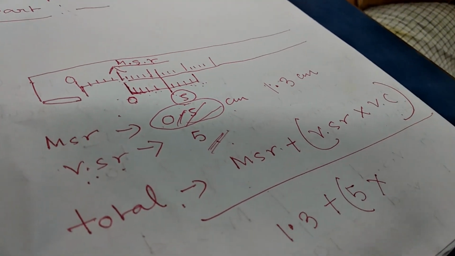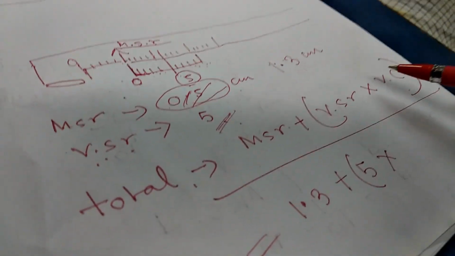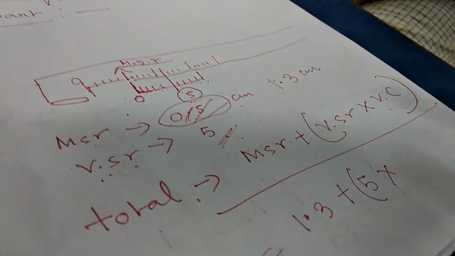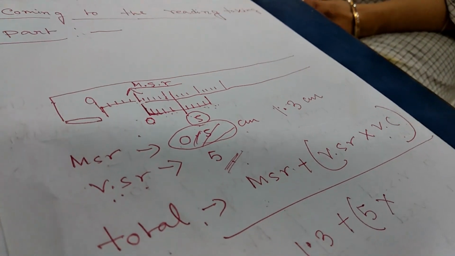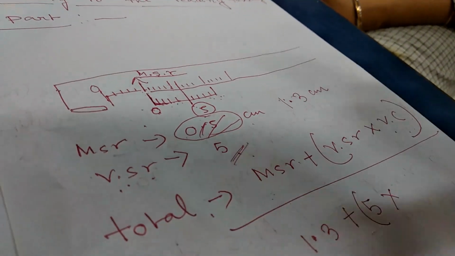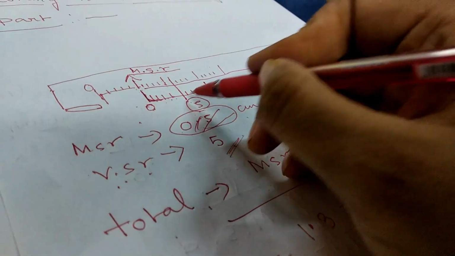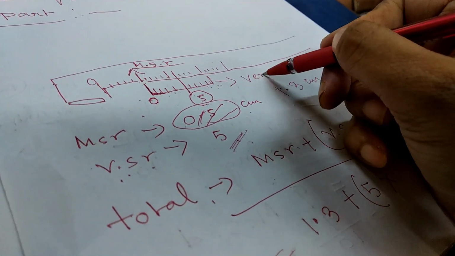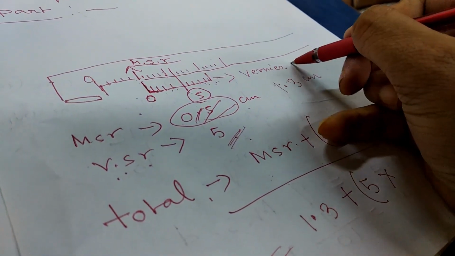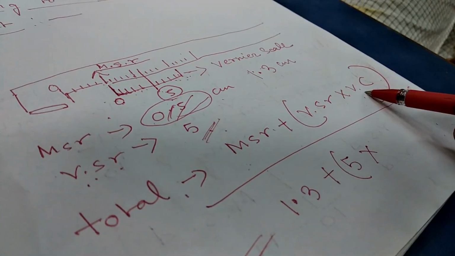Now what is the vernier constant and how can we derive it? Vernier constant is the relation between main scale and vernier scale. Since we are using two scales simultaneously, one is main scale and another is vernier scale, we need to find a relation between both the scales, and this relation is called vernier constant.